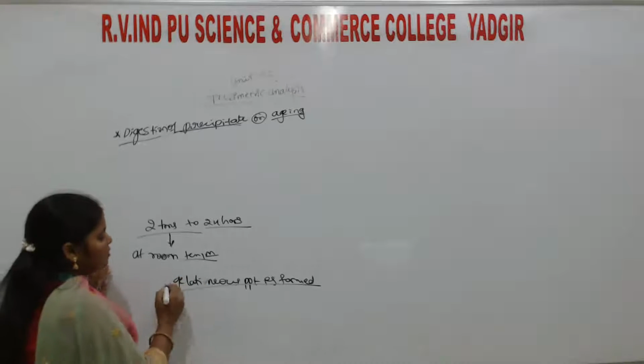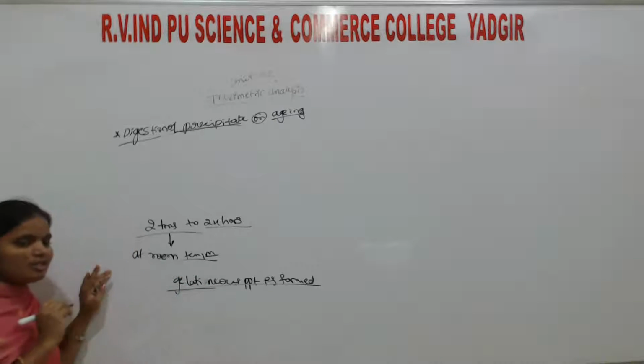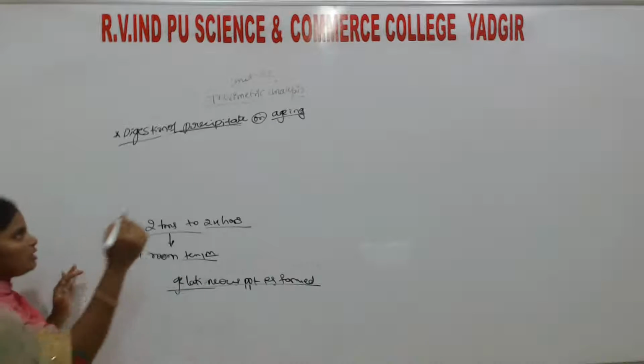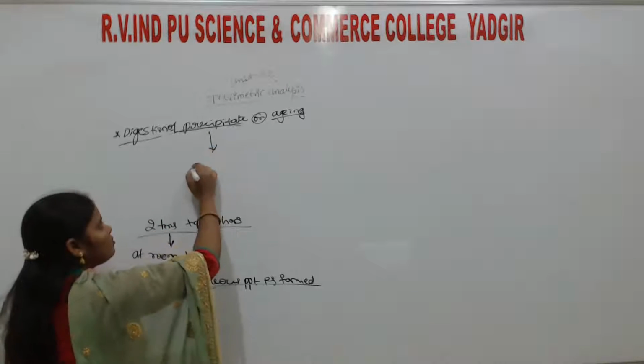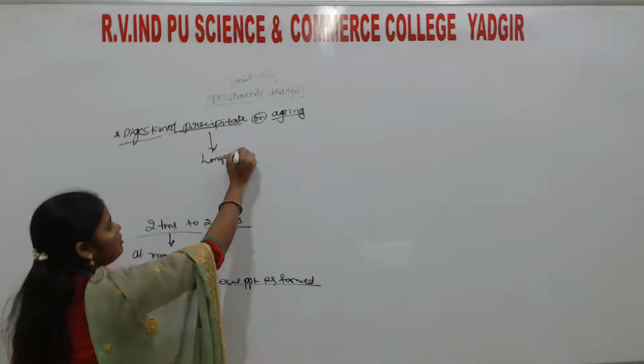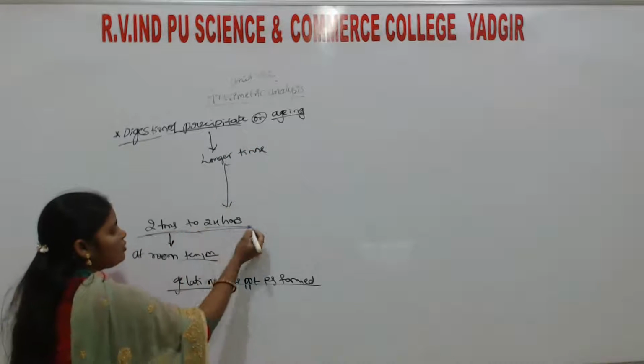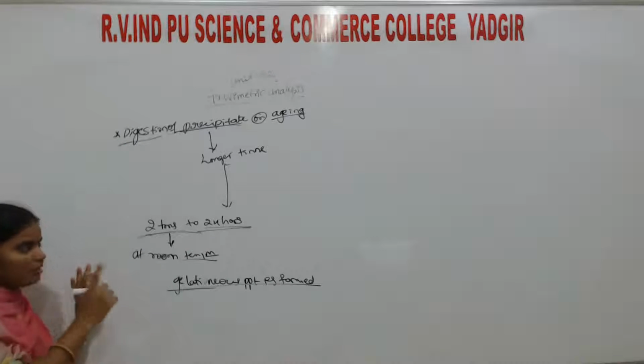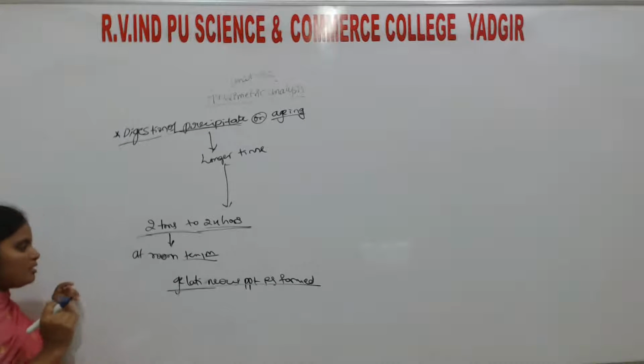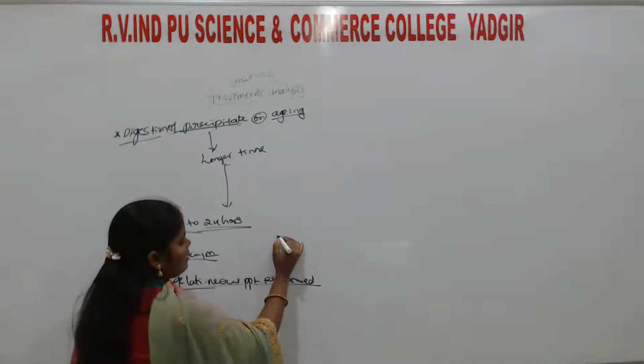Digestion takes a longer time, 2 hours to 24 hours. The precipitate is kept in contact with mother liquor or digested on a sand bath.